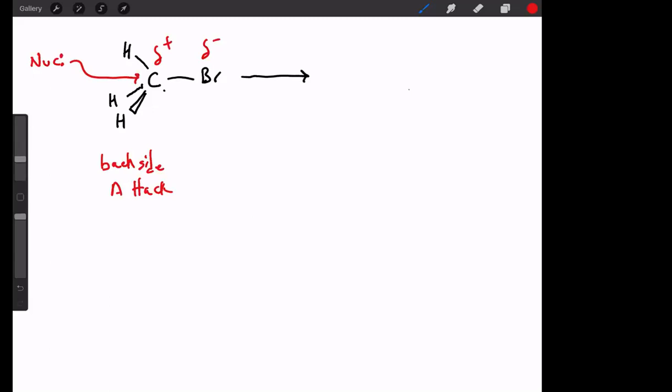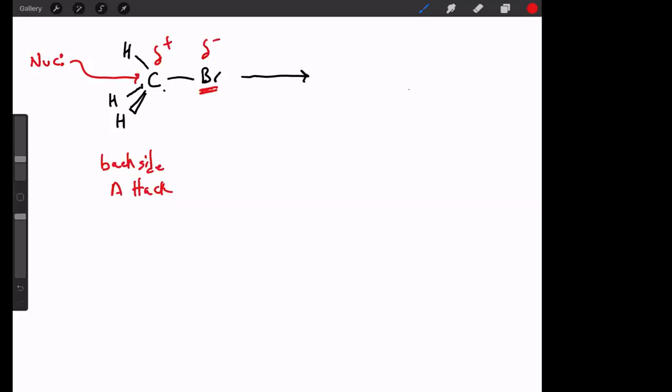And so when I think about the situation of the molecule, how the different species are oriented in a solution, the majority of the nucleophile will already be oriented in a position away from the leaving group and near the carbon that's positively charged.